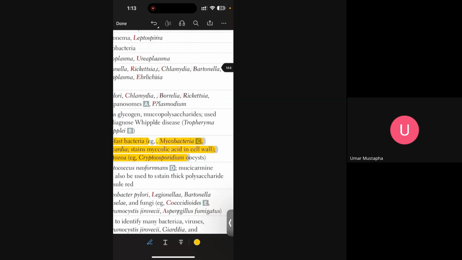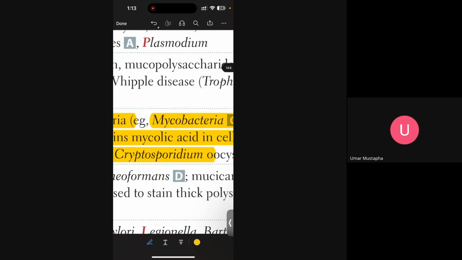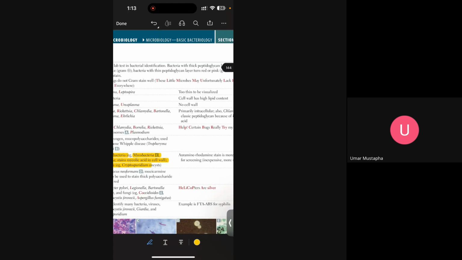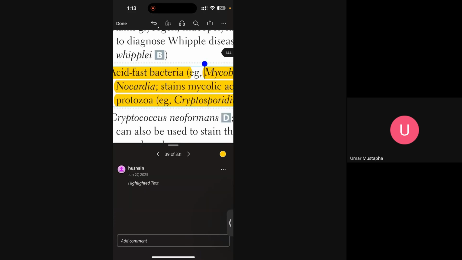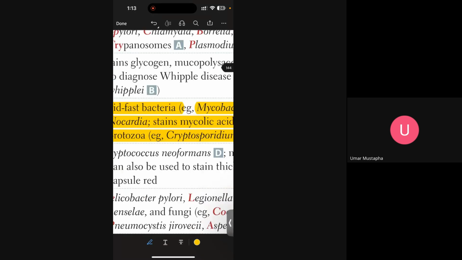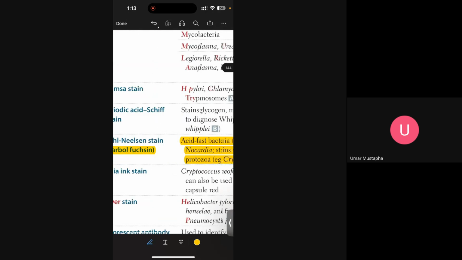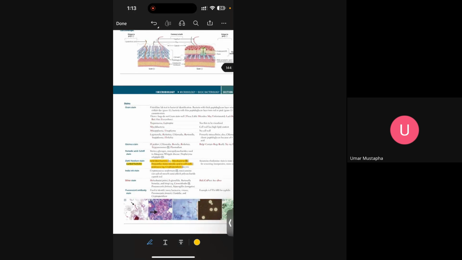This stain is used to stain what? The mycolic acid in the cell wall. So the technique mentioned in the question is acid fast staining, and carbol fuchsin stains mycolic acid in the cell wall, which leads to the acid fastness.